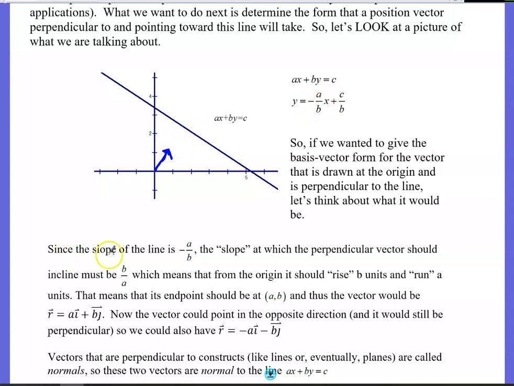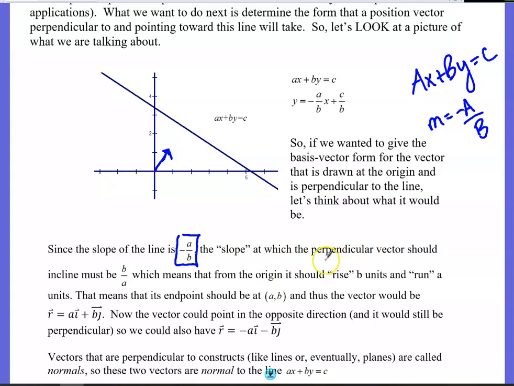The slope of the line is negative A over B, where this A and this B refer to the coefficients. Some of you might be more comfortable with the standard form looking like this, so we could also do this. You know that the slope of this line is going to come out to negative A over B. We've talked about that tons of times. That's just something that you should be very comfortable and aware of.